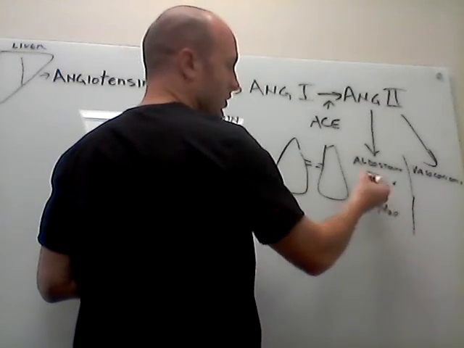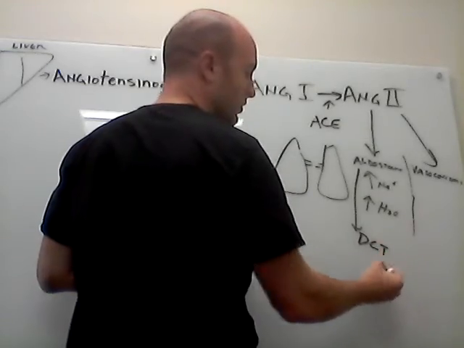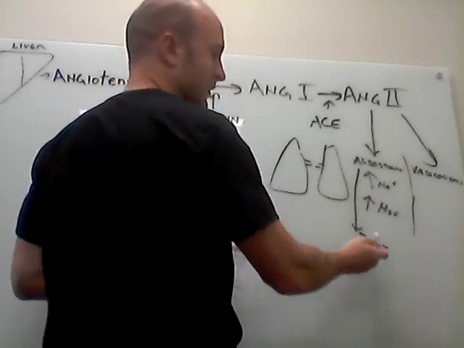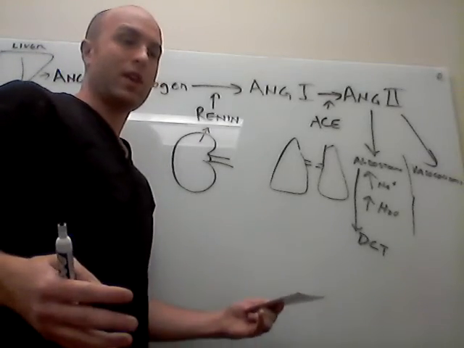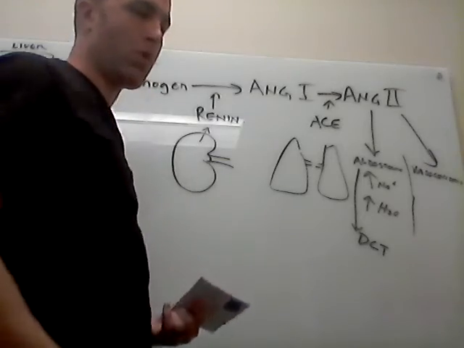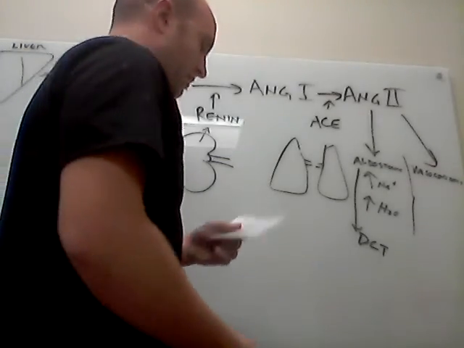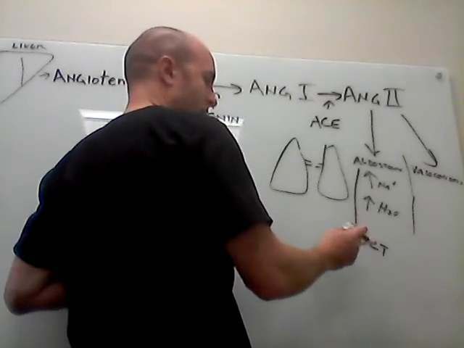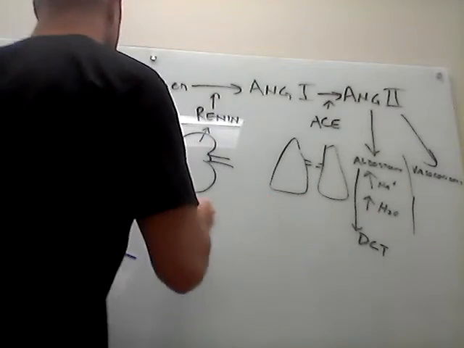So this aldosterone, it travels down to the distal convoluted tubule, and there it binds to the distal convoluted tubule, and it causes it to spare potassium, so it retains more water and sodium and all that stuff. Anyway, retains sodium. So what happens in the case of spironolactone?